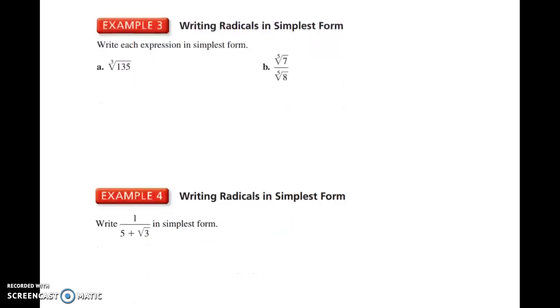For example 3, we're just writing this in the simplest form. So this is like reducing square roots and simplifying those, but now we have cube roots and fifth roots. So it's a little bit more complicated, but we know how to do this. We can split up 135 into the cube root of 27 times 5.